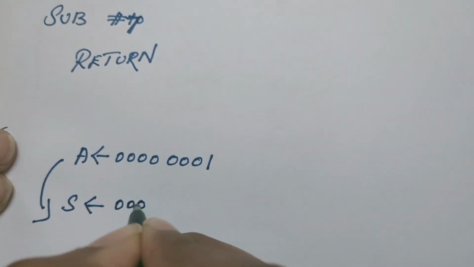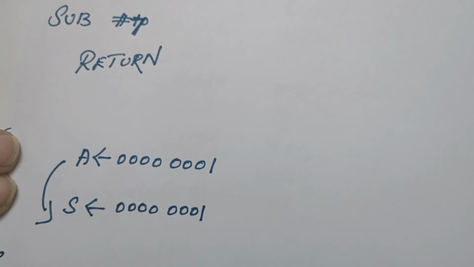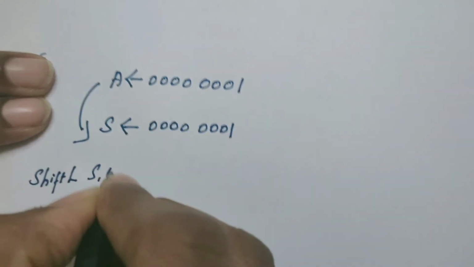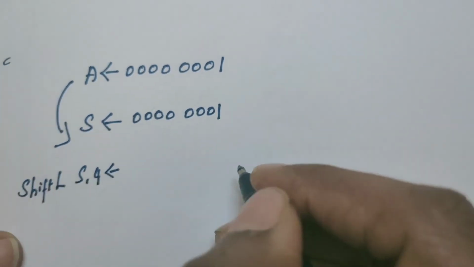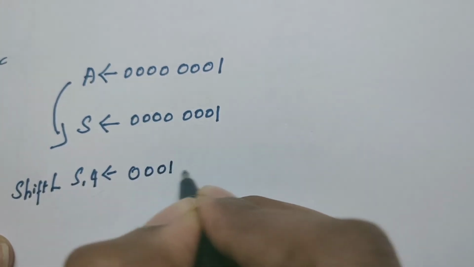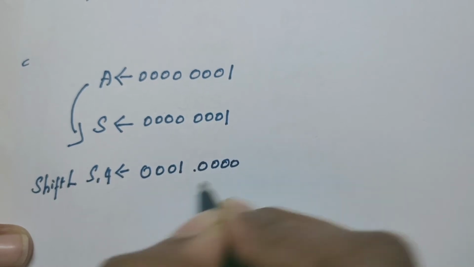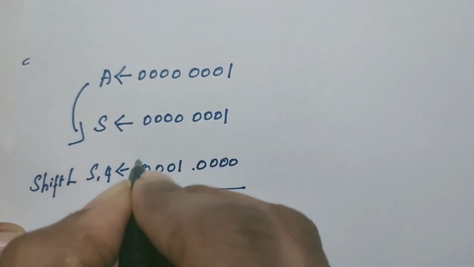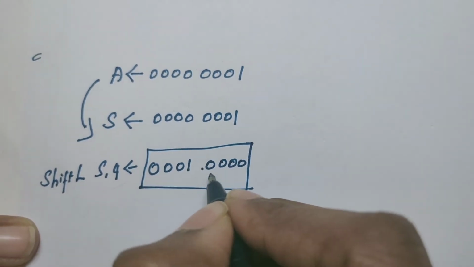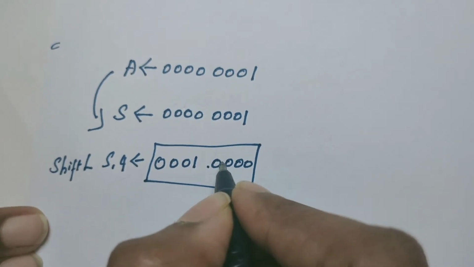The S register contains the same value that is in A. Now the S register is shifted left 4 times. If it is shifted left 4 times, we get 0001 and the remaining 4 empty places are filled with 0. So now this is the content of the S register. Once this operation is done, the main program once again jumps to the subroutine getC to read the next character.